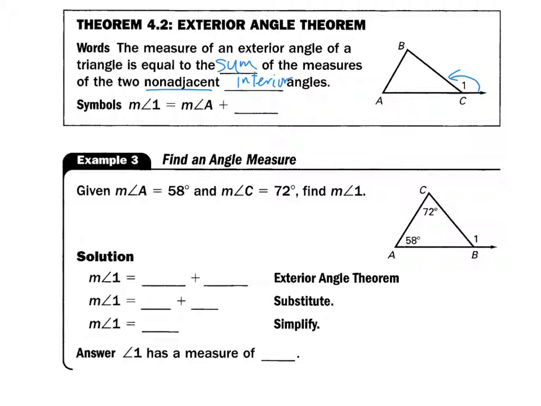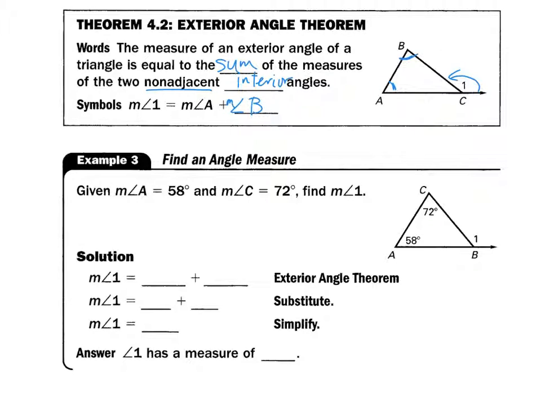So this theorem states that angle 1 equals the angle measures of A and B together, the sum of that. Notice that you have to leave C out of it. So the measure of angle A and the measure of angle B added together should equal the exterior angle measure.